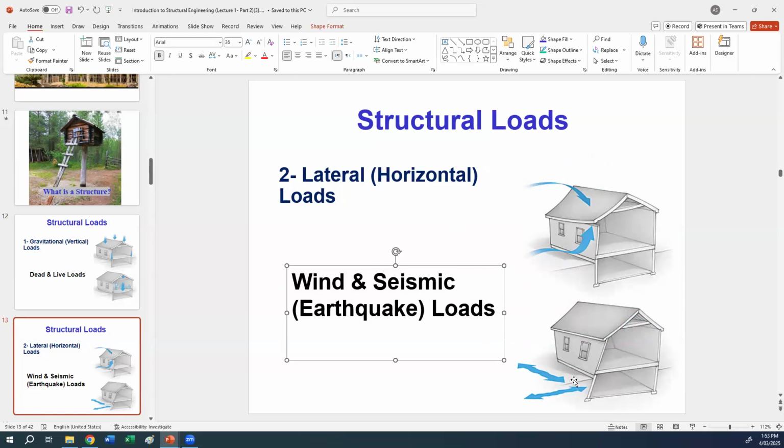Another example here in the bottom image is earthquake load or seismic load, due to the Earth's movement or the waves in the Earth's movement, which cause some vibration of the foundation and the building. So examples of lateral loads are the wind and seismic loads.